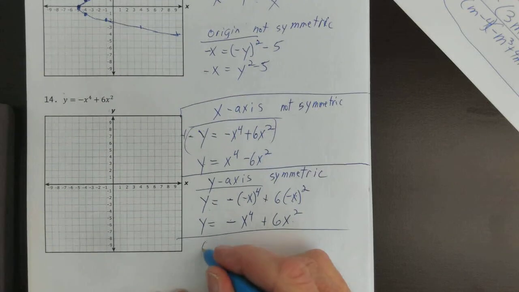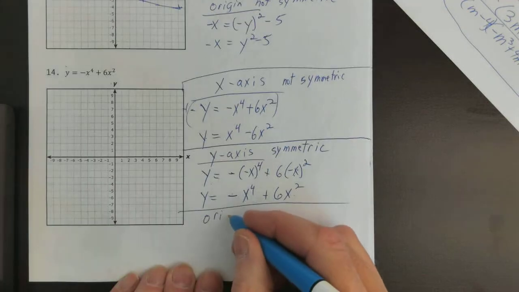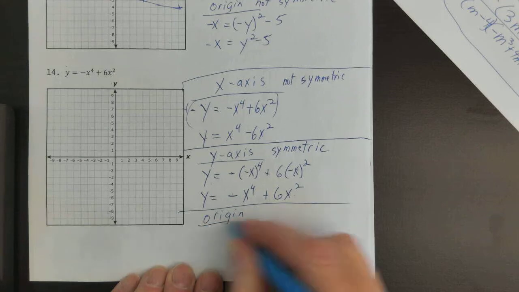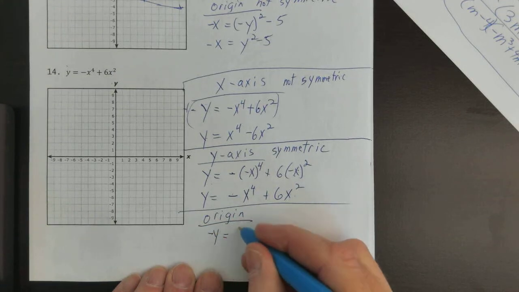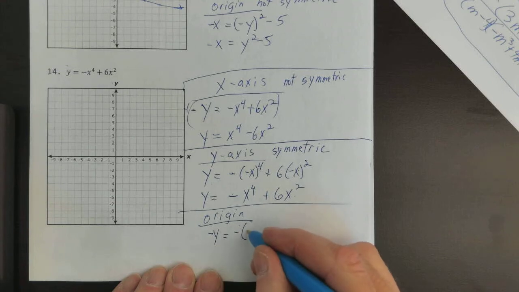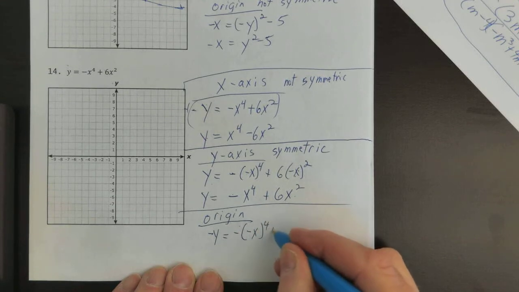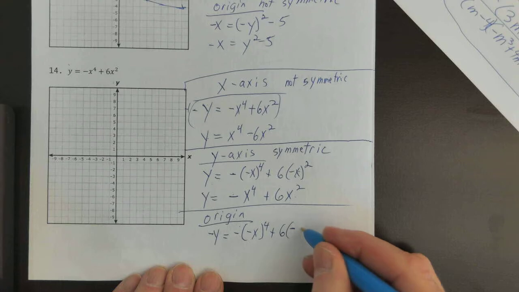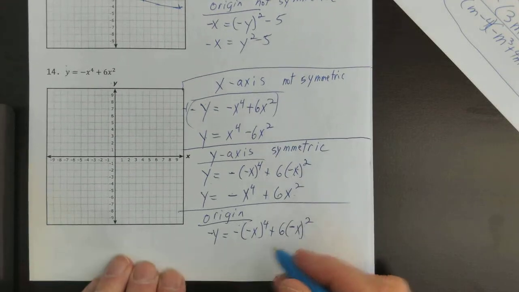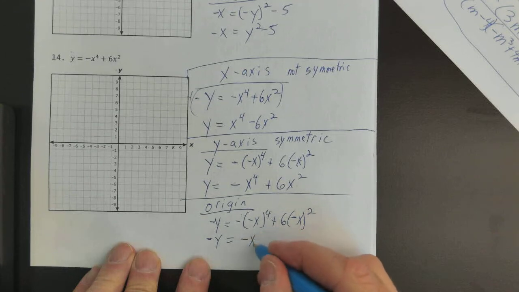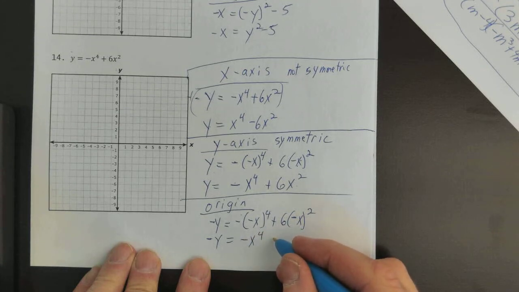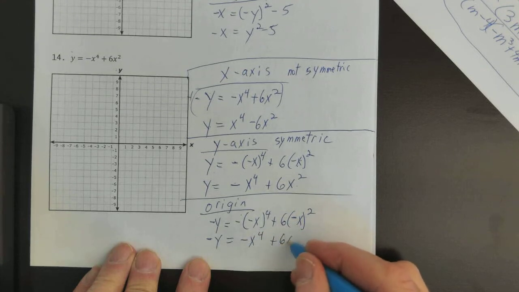And origin. Negative y equals negative, and then negative x to the 4th plus 6 times negative x to the 2nd. So that's negative y equals negative x to the 4th plus 6x squared.